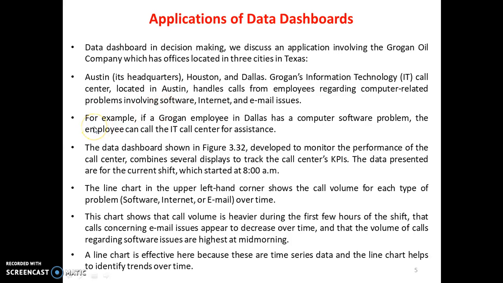For example, if a Grogan employee in Dallas has a computer software problem, the employee can call the IT call center for assistance. In the same way, people at other locations, like Houston or Austin, will also call the IT call center for their software or computer related issues.